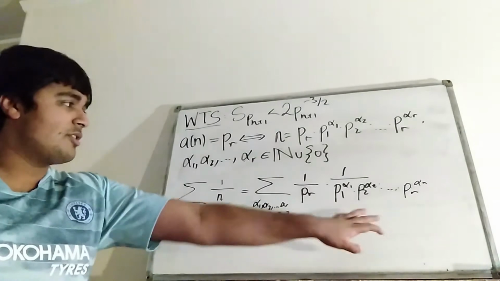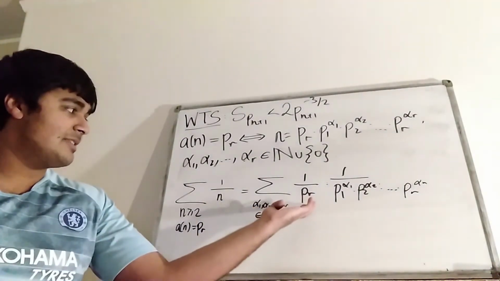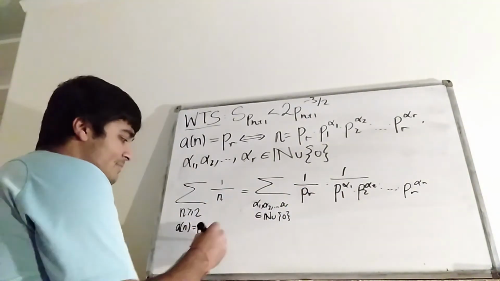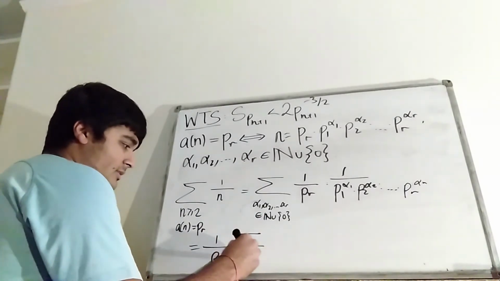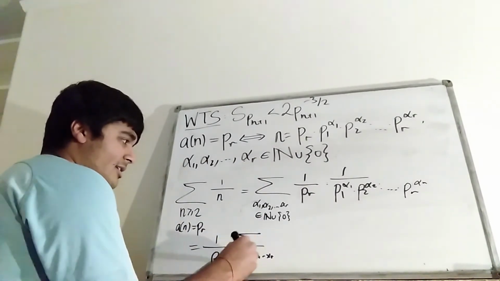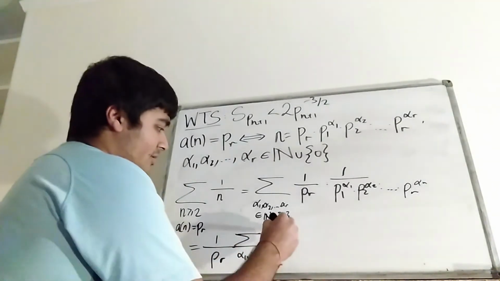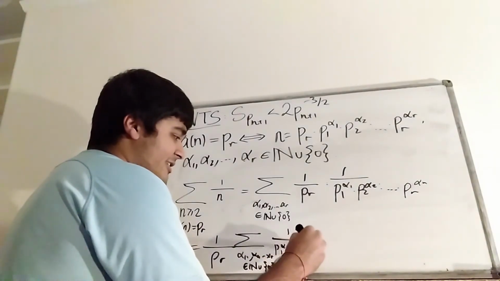Firstly I'm going to bring the 1 over p_r to the front, because that's independent of alpha_1, alpha_2, all the way up to alpha_r. So this is 1 over p_r times the sum, with alpha_1, alpha_2, and so on varying over the non-negative integers, of 1 over p_1 to the alpha_1 times ... all the way up to 1 over p_r to the alpha_r.